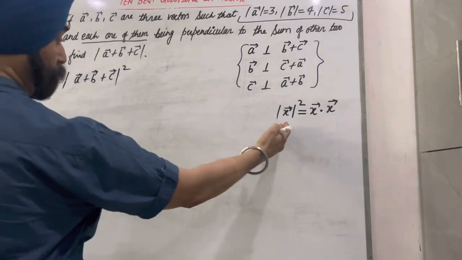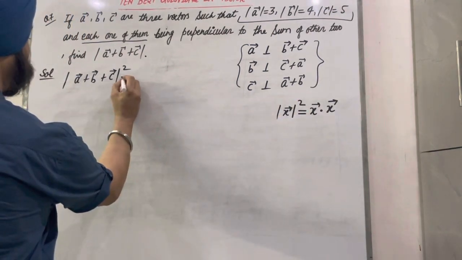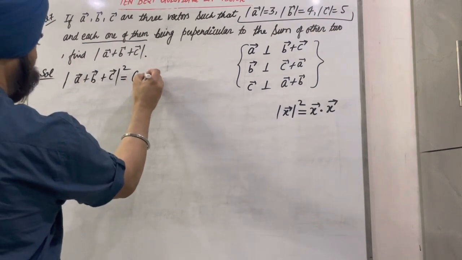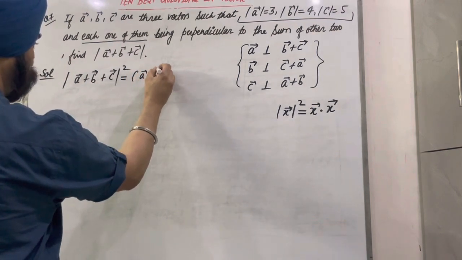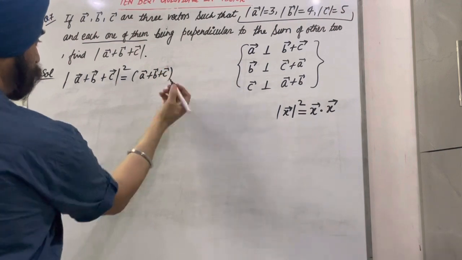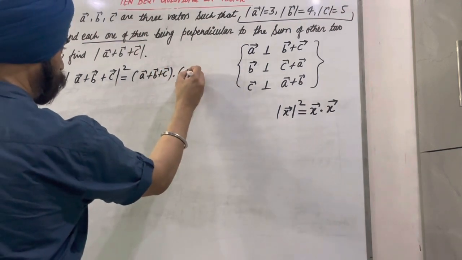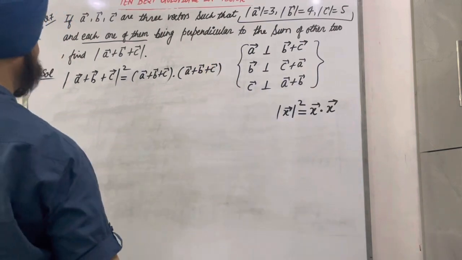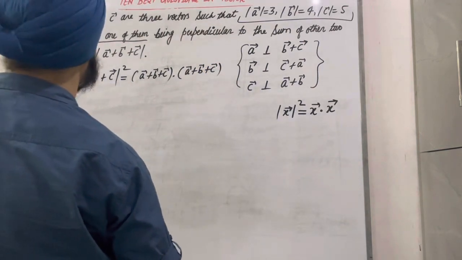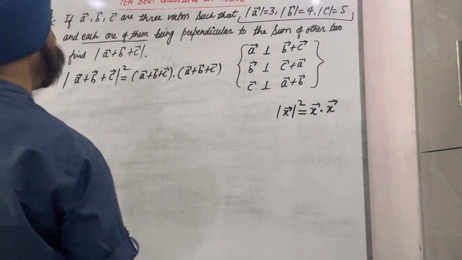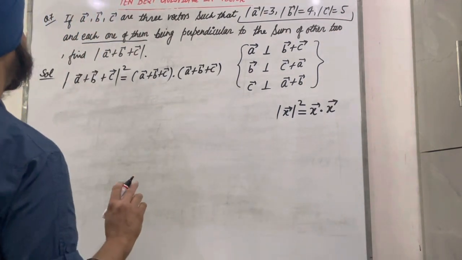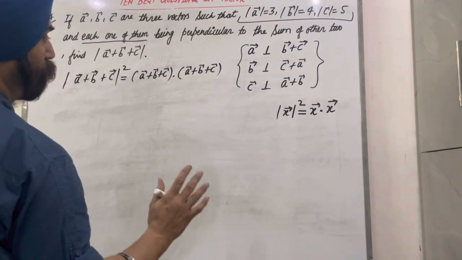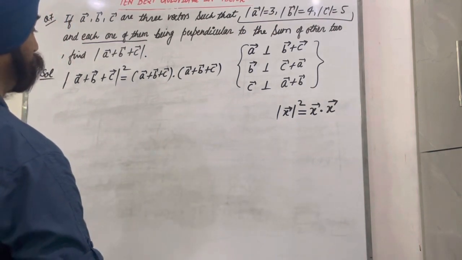Now keeping this in mind, this can be written as dot product of this vector with itself. That means I can write vector A plus vector B plus vector C, its dot product with itself. This means vector A plus vector B plus vector C, like this. Now we will open it in a way that we have to do least calculation work.